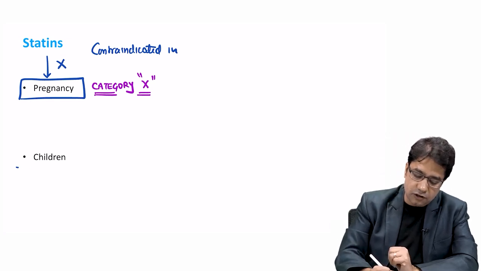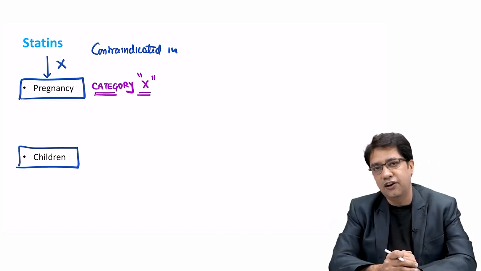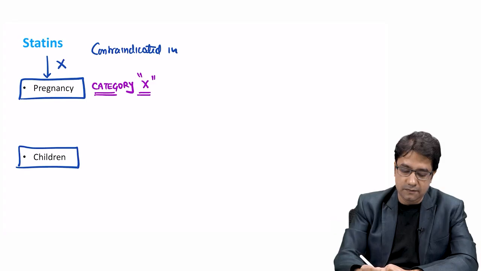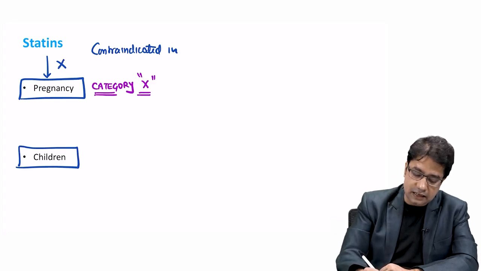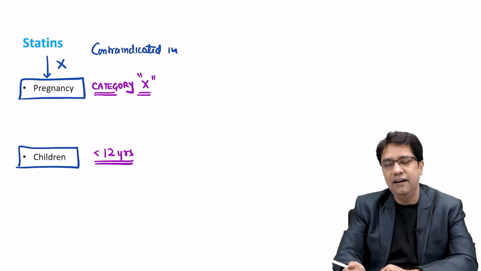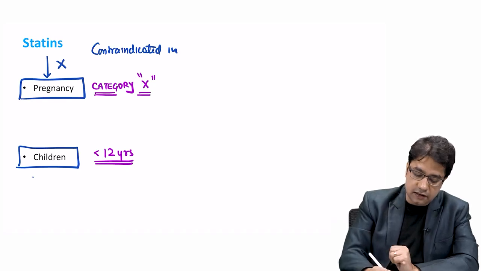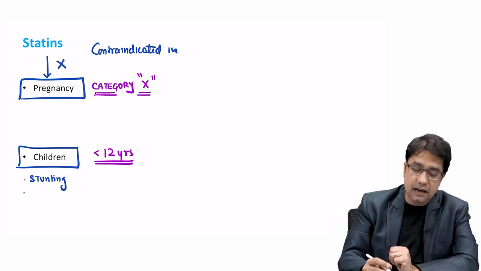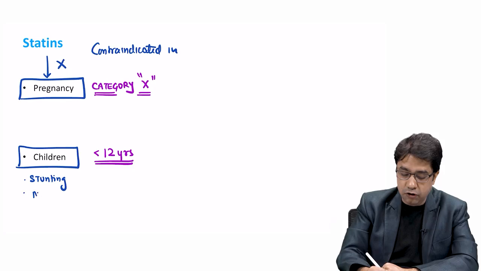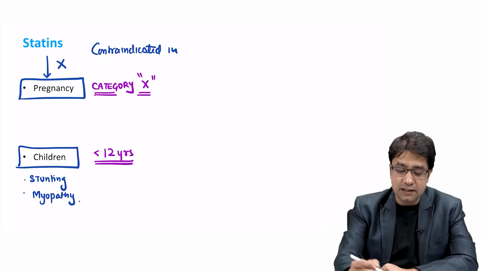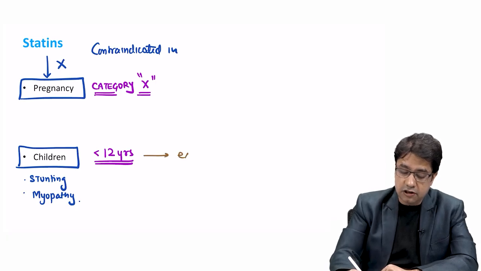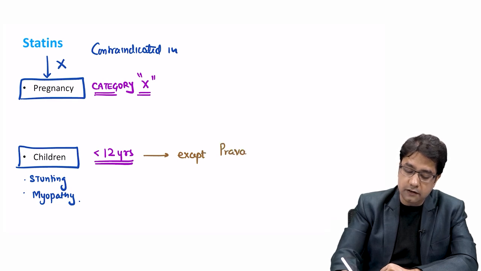Similarly, statins are absolutely contraindicated in children because children are growing. So if the child is less than 12 years of age, statins are contraindicated because statins can cause stunting. Growth of the child will be inhibited and there is more risk of myopathy in children. But there is one statin which can be given in the age group of 8 to 12 years.